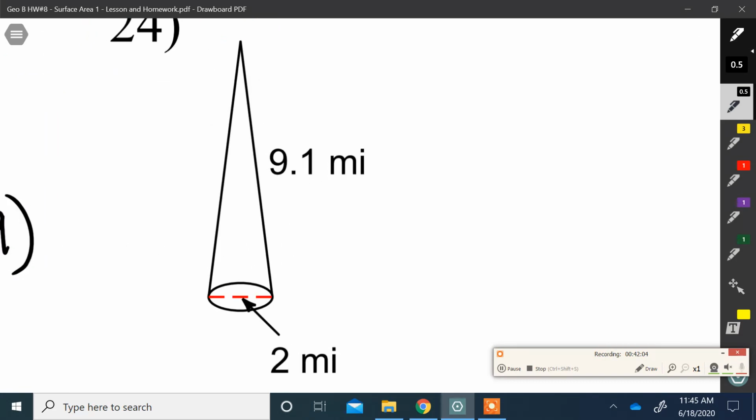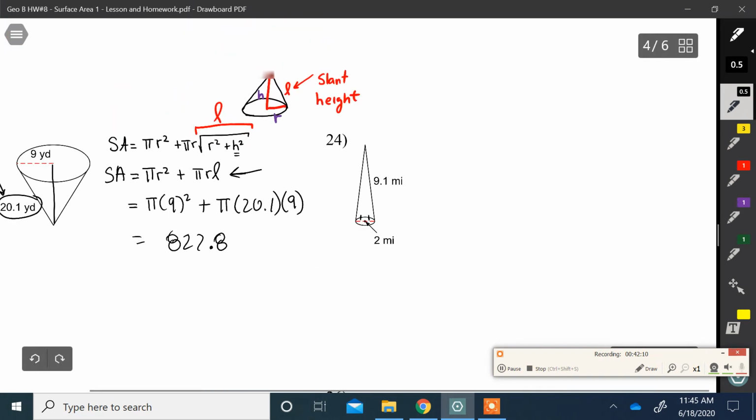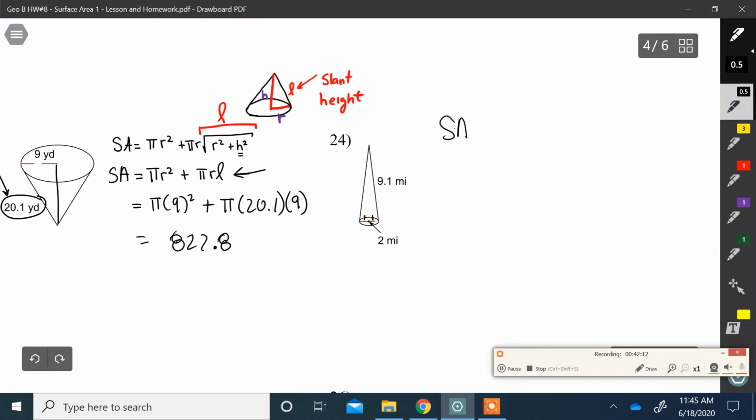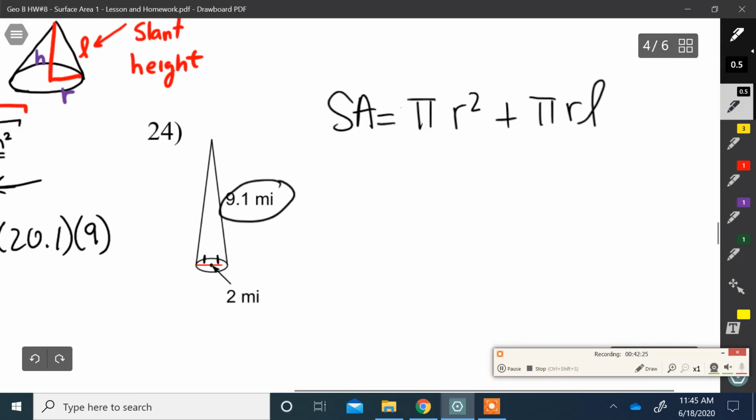Okay, so this one right here, if this is 2, then the radius is going to be 1. So once again, the formula, it's not really technically what's on the formula sheet, but it's going to be pi r squared plus pi rl, where this right here is called the slant height.